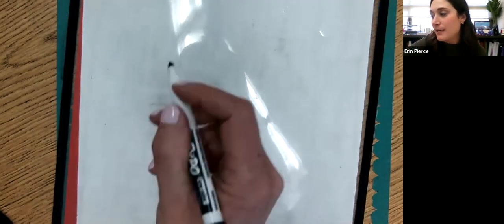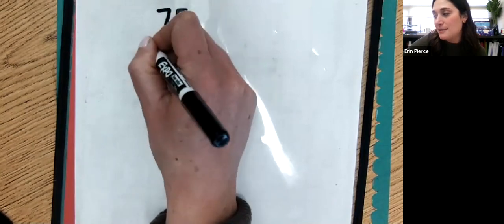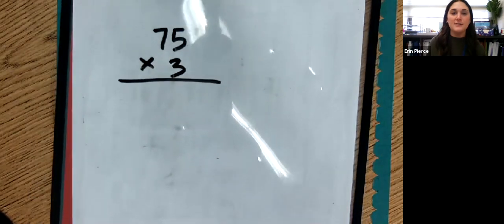But we're going to start off, and you're going to do A, and I would then like you to share how you solved it. So your first question is 3 times 75. Remember to set it up 75 times 3.